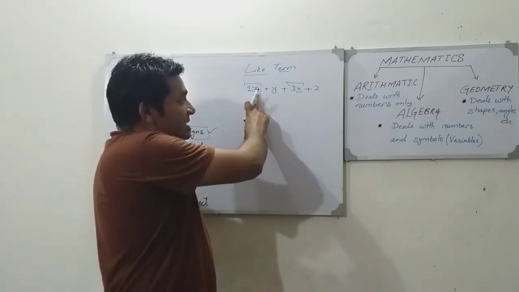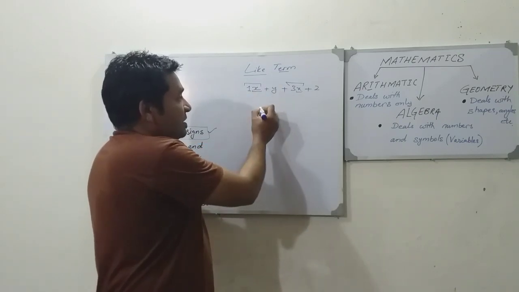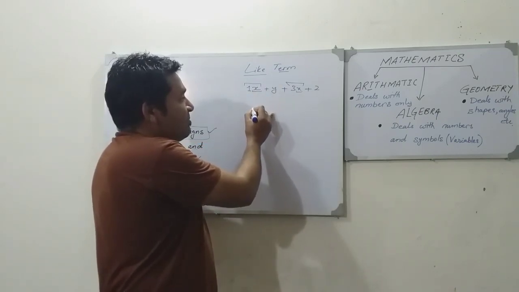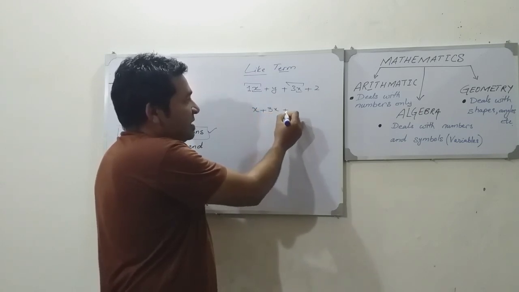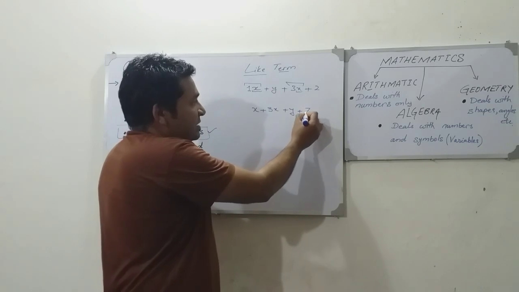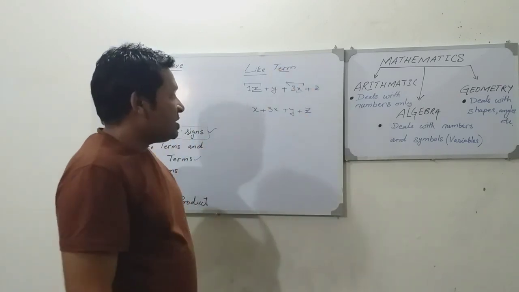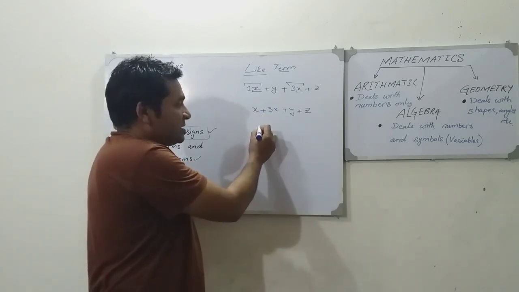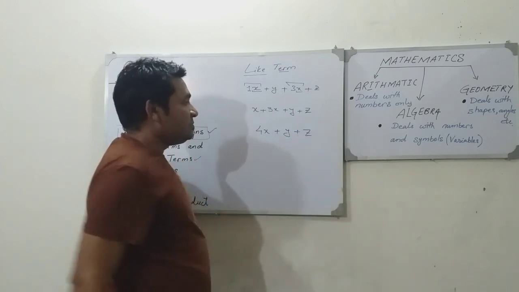In this case, x and x are the same, so first we combine them: x plus 3x gives 4x, plus y and plus z.